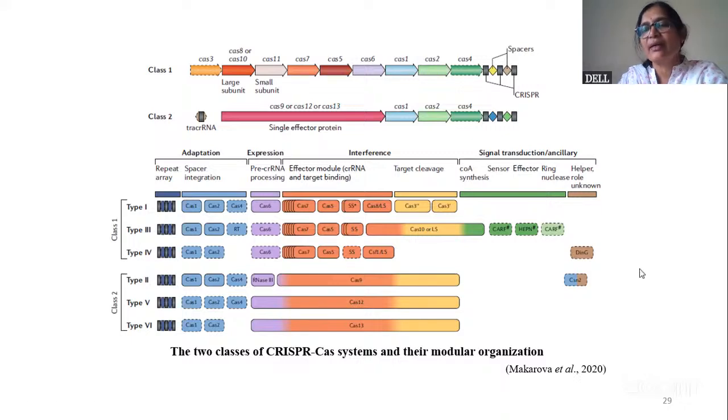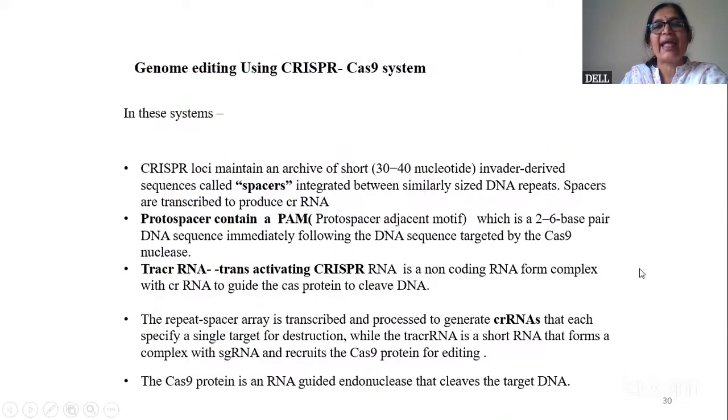So I'll just explain how CRISPR-Cas acts. Genome editing using the CRISPR-Cas system. CRISPR loci contain small, short, repetitive invader-derived sequences called spacers. They are integrated between similarly sized DNA repeats, and these spacers are transcribed to form the CRISPR RNA.